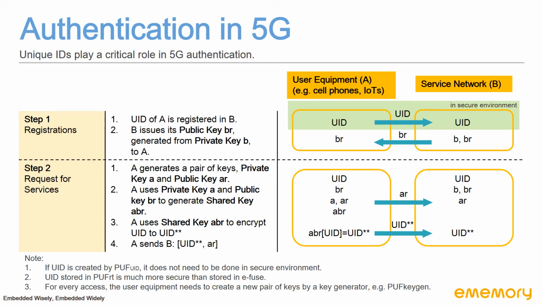And I can give you an example. When you use your credit card to purchase online, the store, or the company you want to buy goods from, will send you a number, asking you to verify.